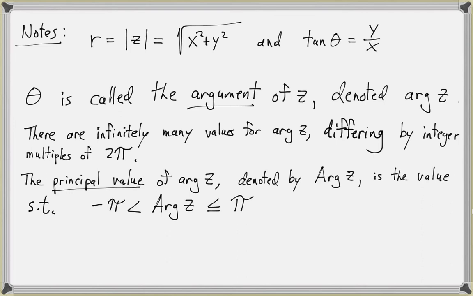So for example, when we have a negative real number on the complex plane, we'll measure the principal value of its argument from the positive real axis, open the angle up, and so we would get an angle of pi for the principal value of any negative real number.